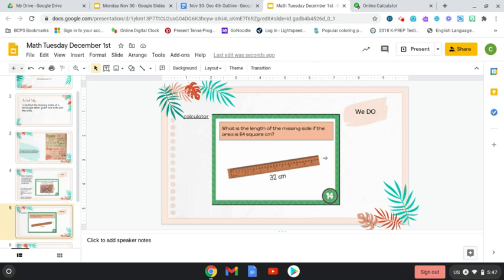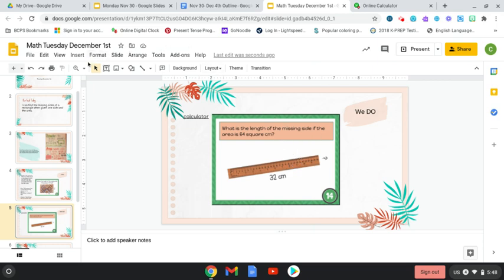So let's do this one. It says, what is the length of the missing side, which is this little short one here, if the area is 64 square centimeters? They've given me the total area, and then they've given me one side.